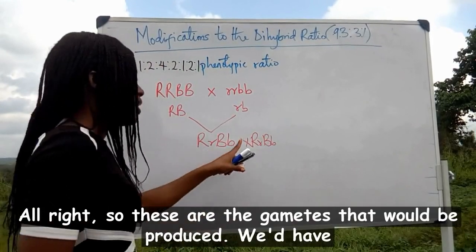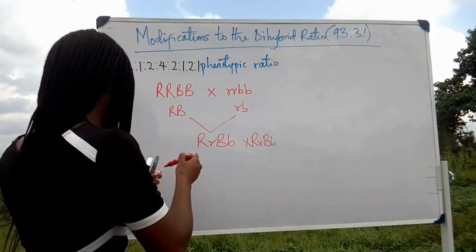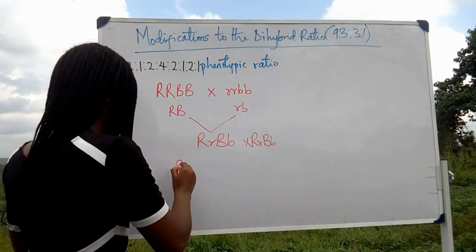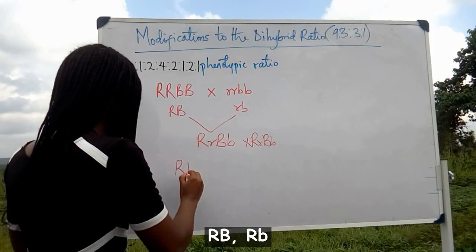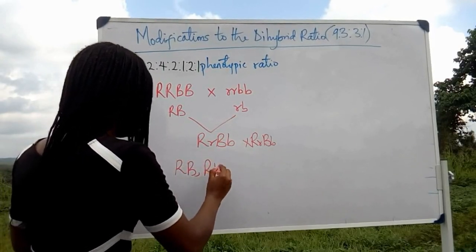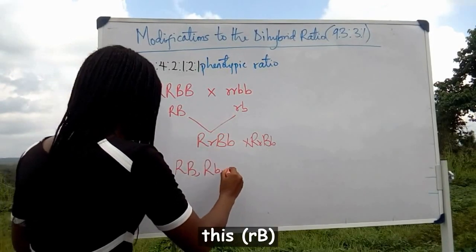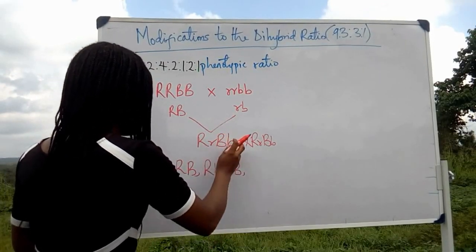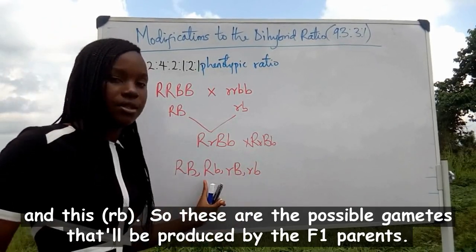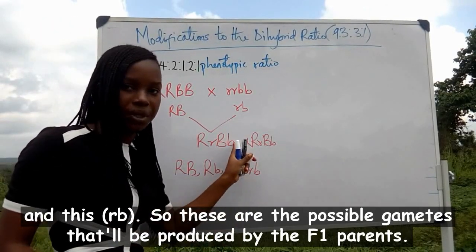Alright, so these are the gametes that will be produced. We'll have R to B, B, this and this, and this. So these are the possible gametes that will be produced by the F1 parents.